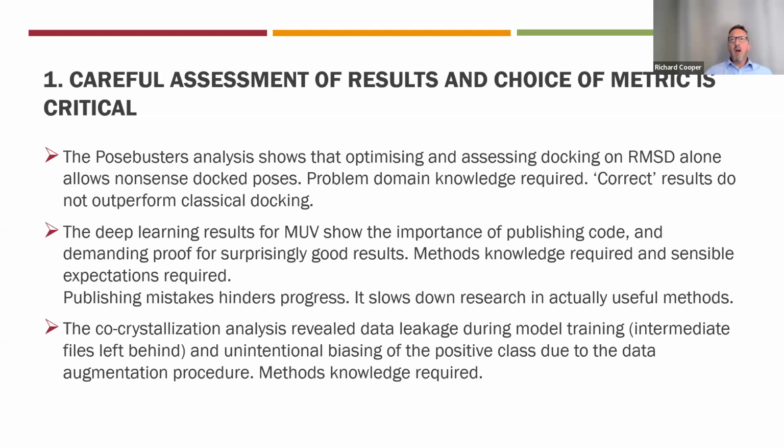So we've seen PoseBusters using a slightly incorrect metric that doesn't address the proper problem in the domain where it's set, and the interesting result then that those correct results don't outperform classical docking.